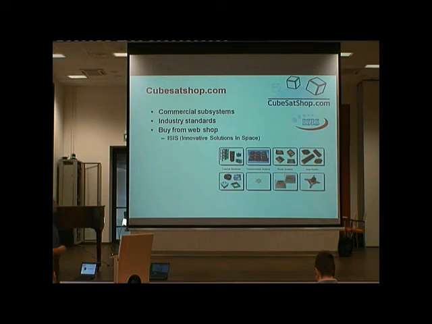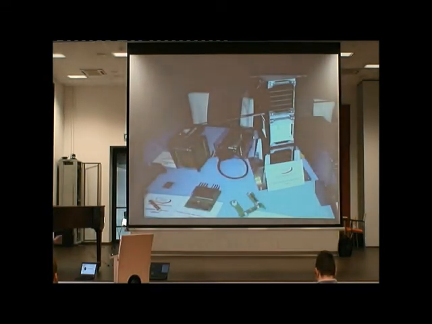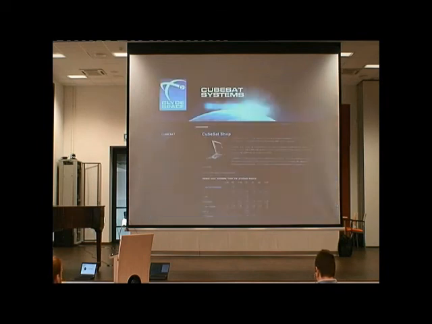The biggest company in Europe is ISIS, and don't mix it up with another ISIS, which appeared on the map recently. They operate a place called CubeSatShop.com, and they sell different kinds of parts, and there is everything you need for a single satellite, from batteries and solar panels to cameras, onboard computers, and antennas. Everything is there. So they go around the world to conferences selling and promoting their stuff.